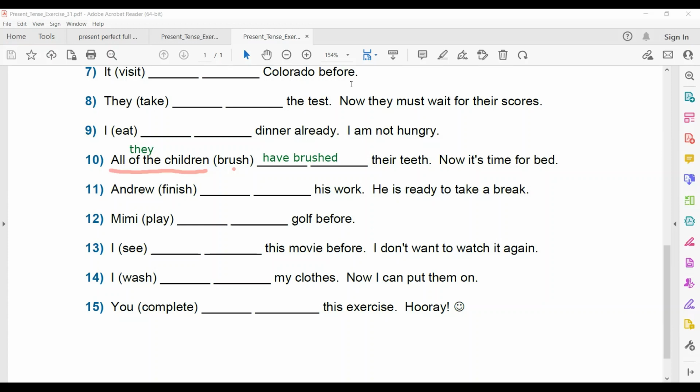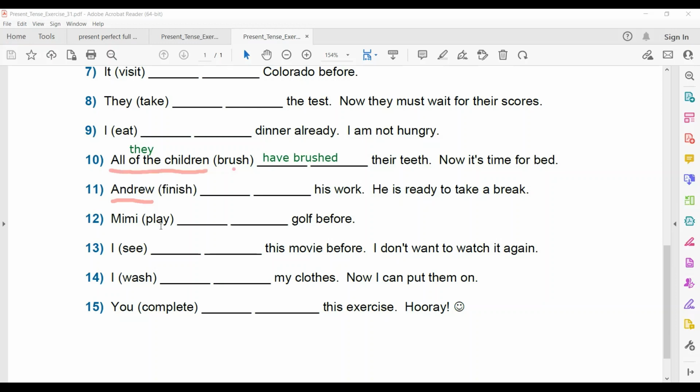Same with the next one. You have to decide who is Andrew. Andrew is a personal name. For those who don't know, please ask your teacher or go Google. Andrew, you have to decide whether it is he or she, right?